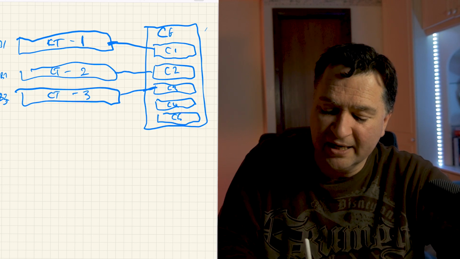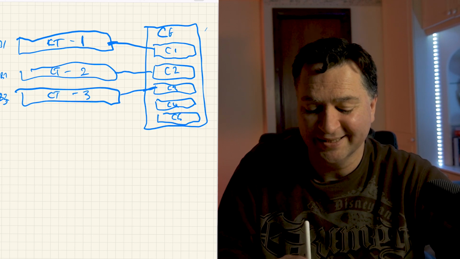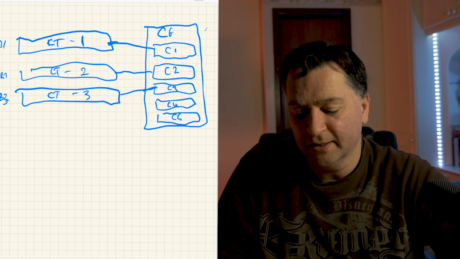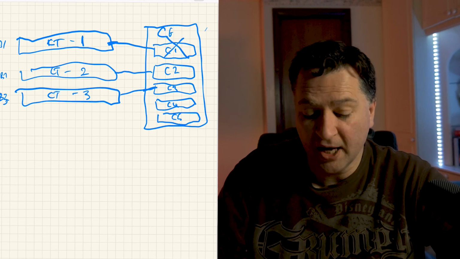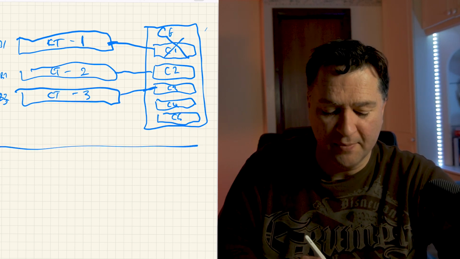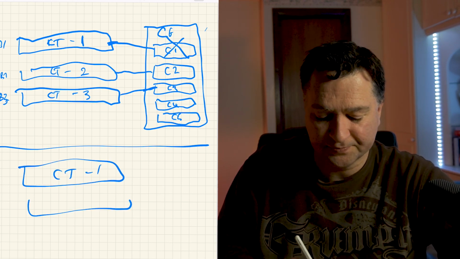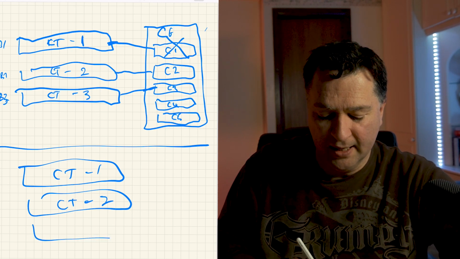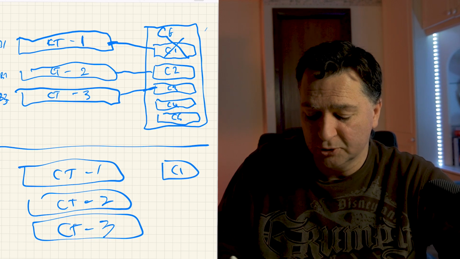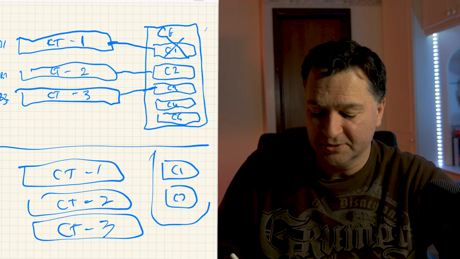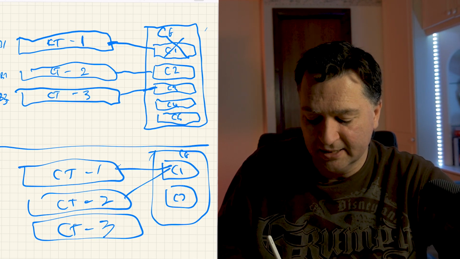Now, there is a link here. As you see, consumer 1 is linked to topic partition 1. Now, what if I lose a consumer instance for whatever reason? Of course, I could have the opposite scenario, where I may have a topic with 3 partitions, 1, 2, 3, and then I may have only 2 consumer instances within my group, and that may mean I have double allocation.